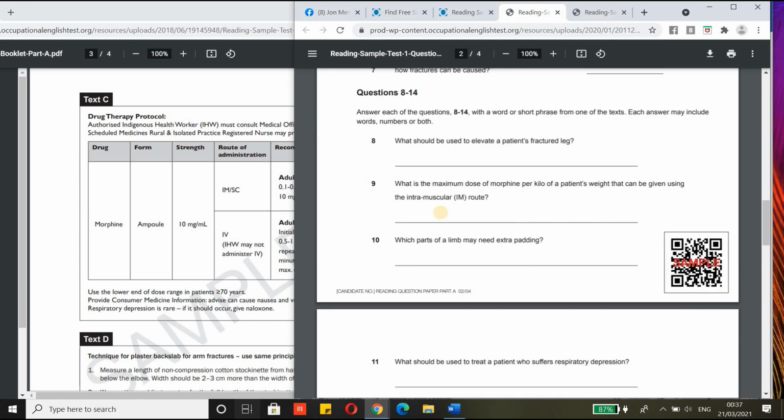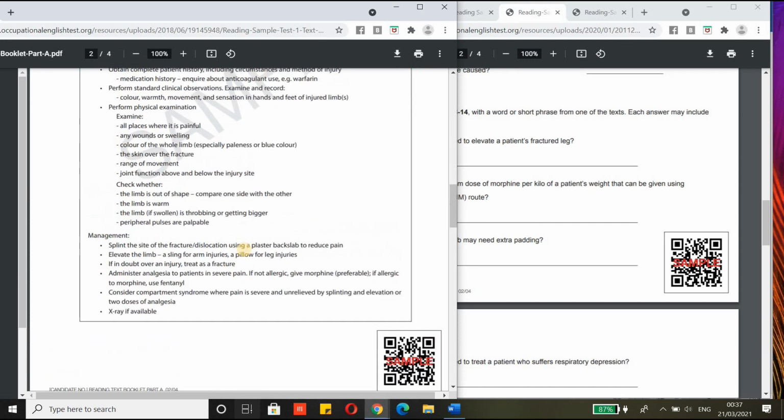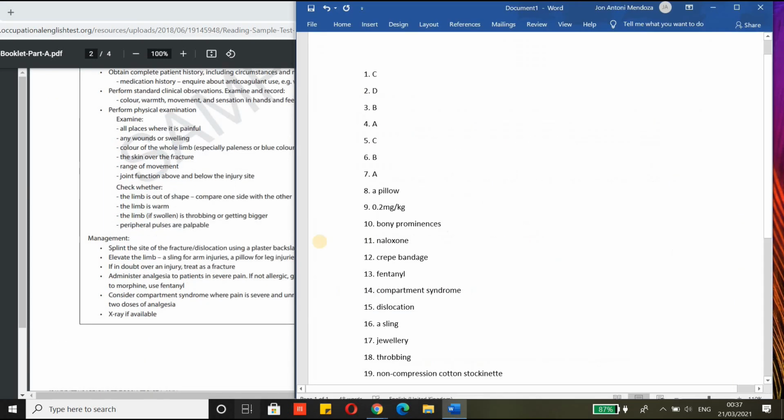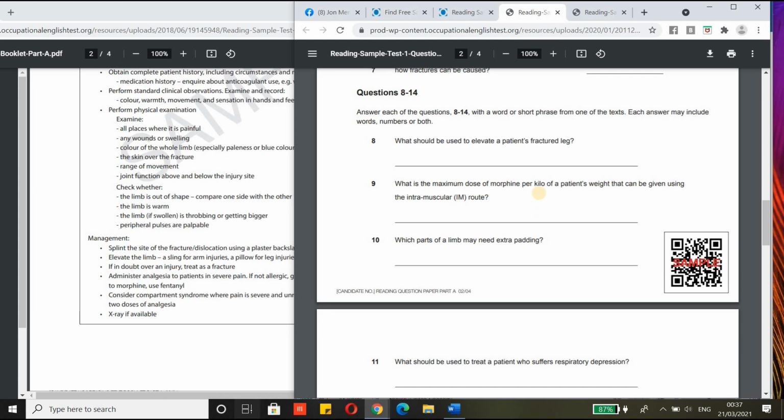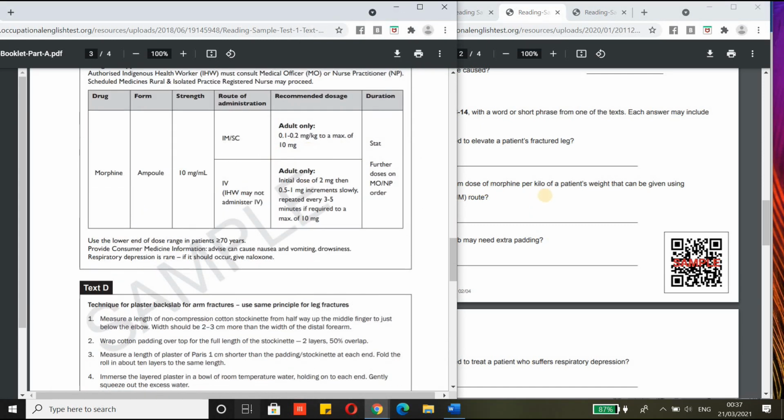So I'll check my answers from 8 to 20. What should be used to elevate a fractured leg? Kilo. And then maximum dose of morphine per kilo, 0.2.